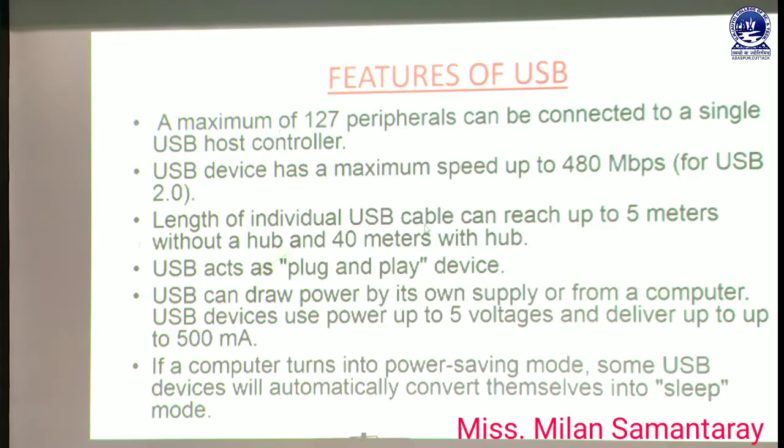So by using this USB cable or USB bus, we can transmit data up to 5 meters without any central device, or you can say a hub. But if we use some components or devices to transmit over a larger distance, then we can transmit it up to 40 meters.